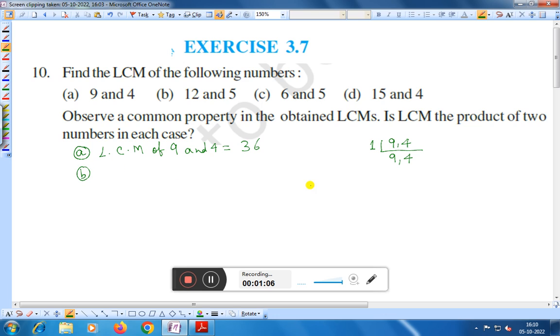Now, question number B. We are finding the LCM of 12 and 5. Now you see that 12 and 5 are divisible only by 1, by no other number. Therefore, the LCM is 1 into 12 into 5, that is 60.